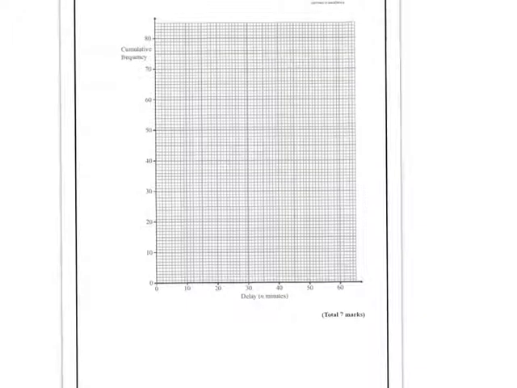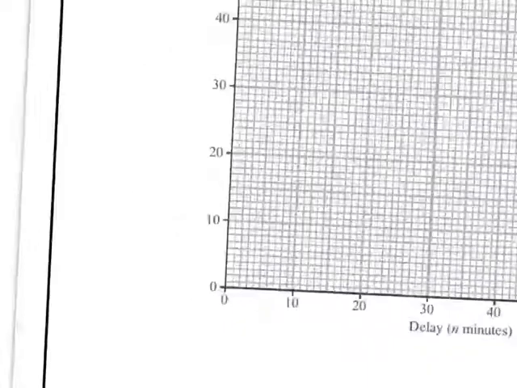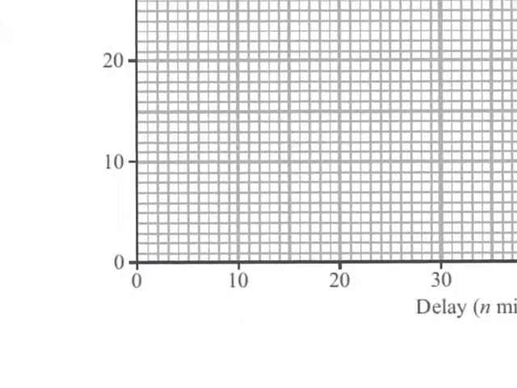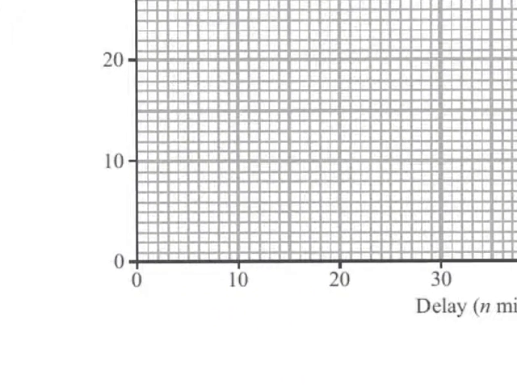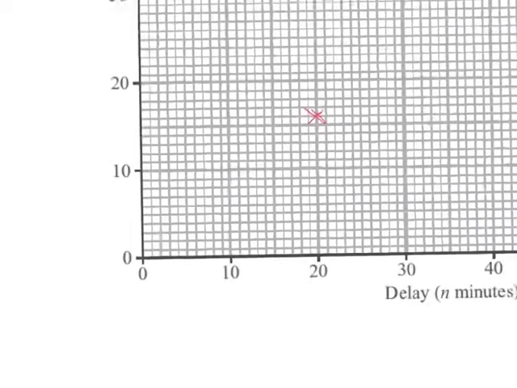Okay, so using the cumulative frequency table on the previous page, we need to start plotting the points, and we are going to zoom in to do this to make it as accurate as we can. The first one is at 20, 16, so along the corridor 20, up the stairs 16, going to be there. Okay, then we're going to zoom out and move across a little bit, zoom in a bit.